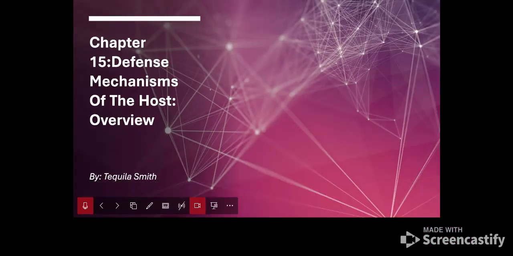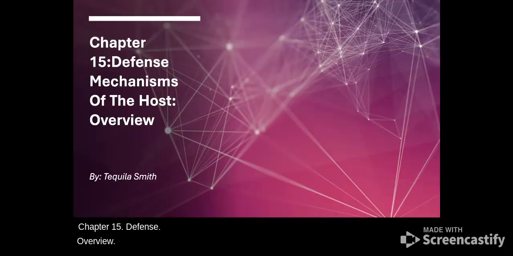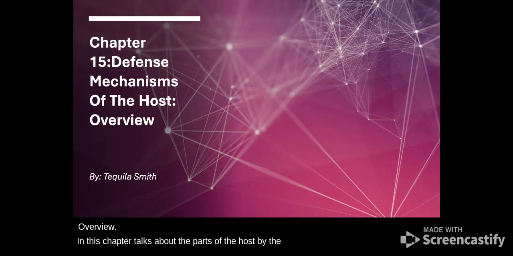Chapter 15, Defense Mechanisms of the Host. Overview. In this chapter, it talks about the parts of the host that give defense against infections.